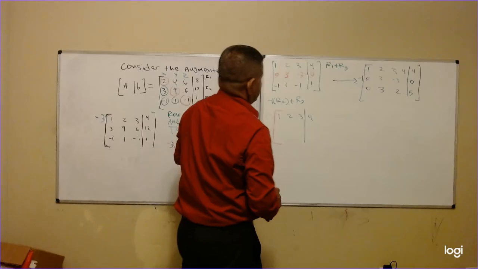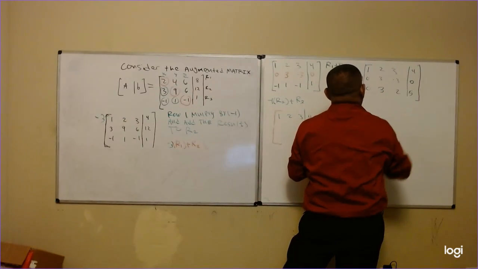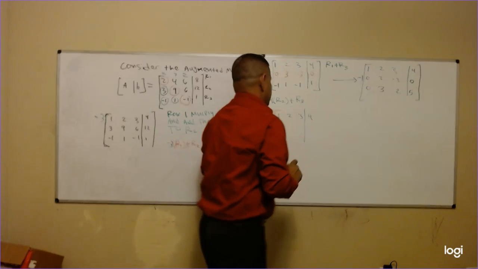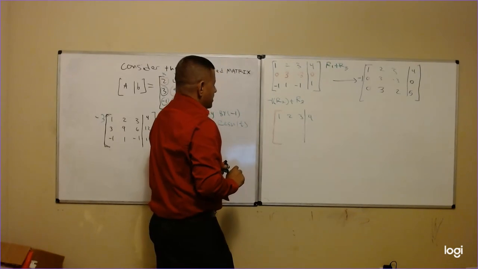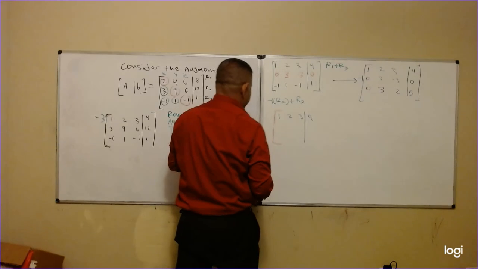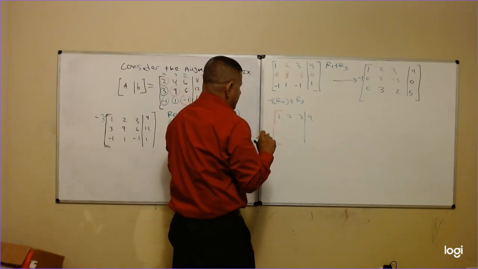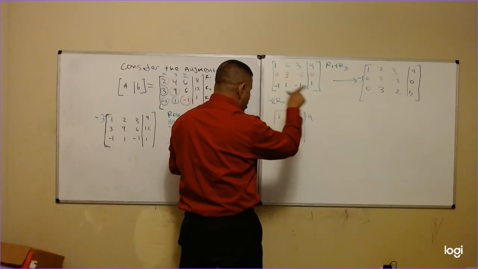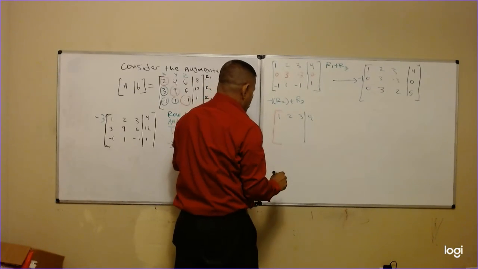That's the first equation. I have an extra 4 here. I don't need that. Be careful with this. Okay, so I got that, right? Now that is row 1. I need to do row 2 multiplied by negative 1 and add to row 3.